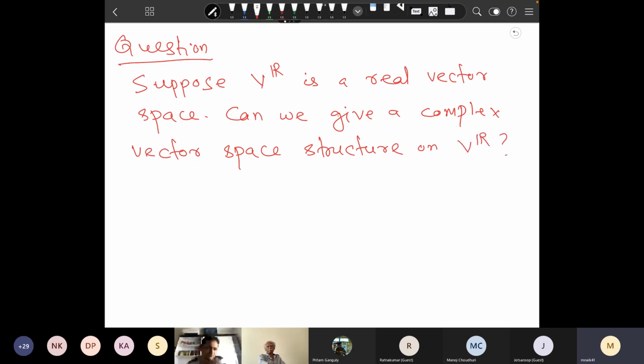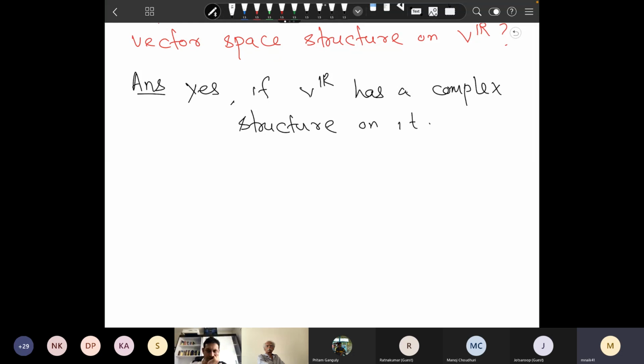So it is the converse question. We are asking that V_R is a real vector space, and can we make V_R a complex vector space? If we can make V_R a complex vector space, then we will be able to define the scalar multiplication by i, and scalar multiplication by i is a complex structure. So the answer is yes, if V_R has a complex structure on it.